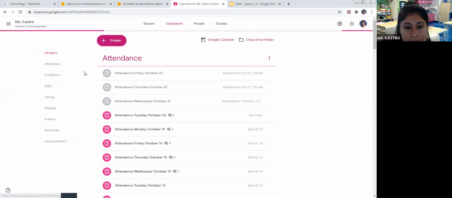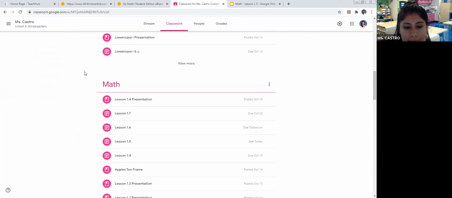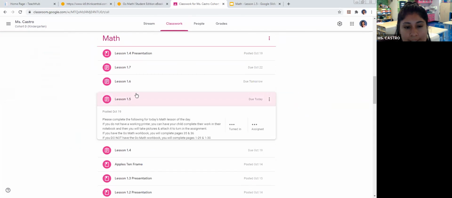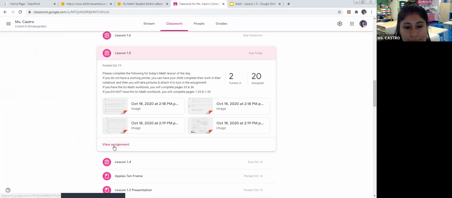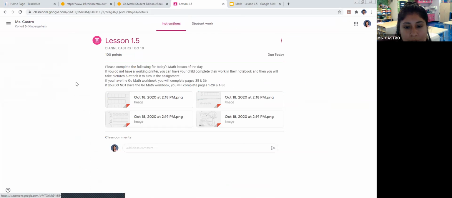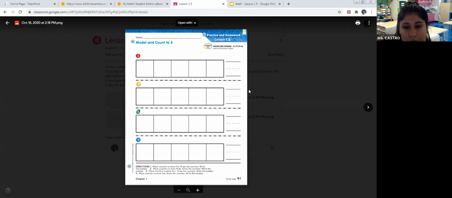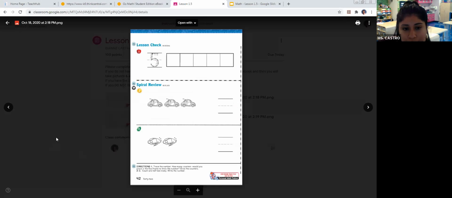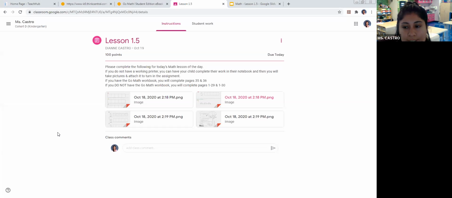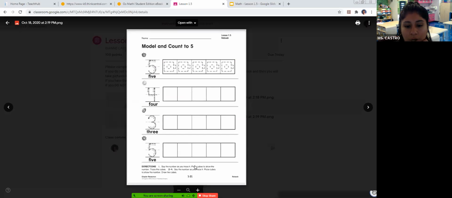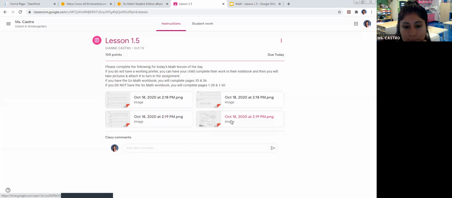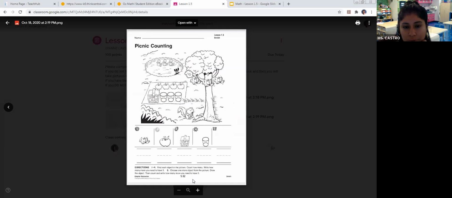Today for math, it's lesson 1.5. Most of you have the math books, so you're going to work on pages 41 and 42. If for some reason you do not have the math book, you will work on pages 1-31 and 1-32.